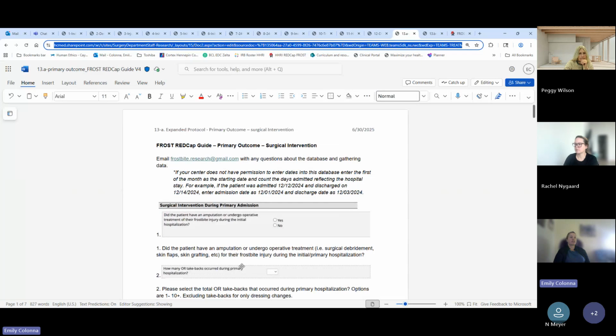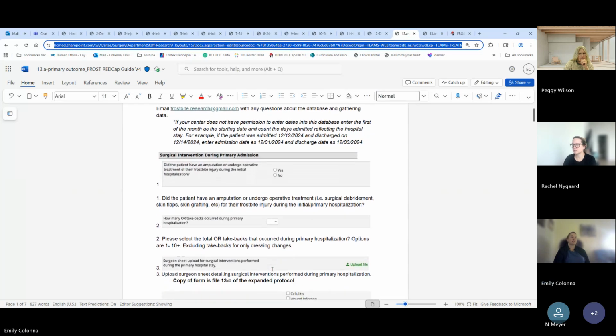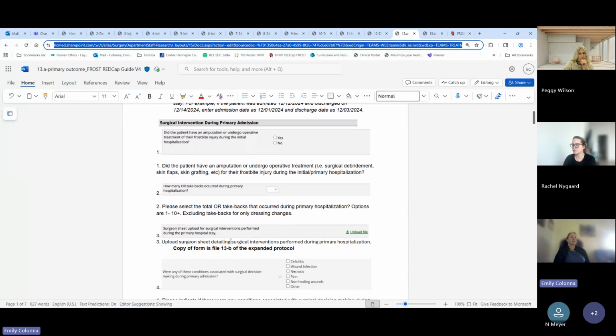It could be an amputation, a surgical debridement, skin flaps, skin grafting. If yes, then we'd like to know how many times they went back to the OR, and then fill out a surgeon sheet for that, the picture of the hands and feet, and show what procedures were done.